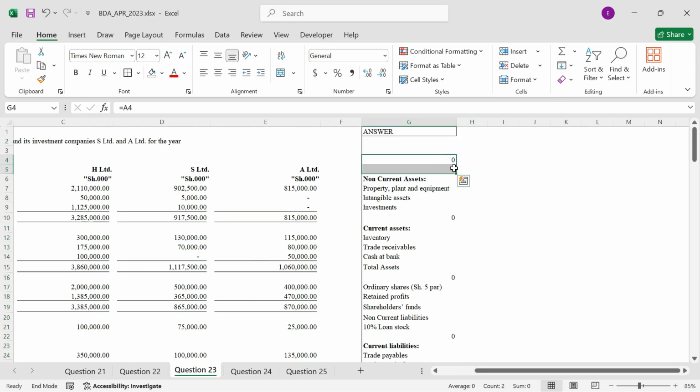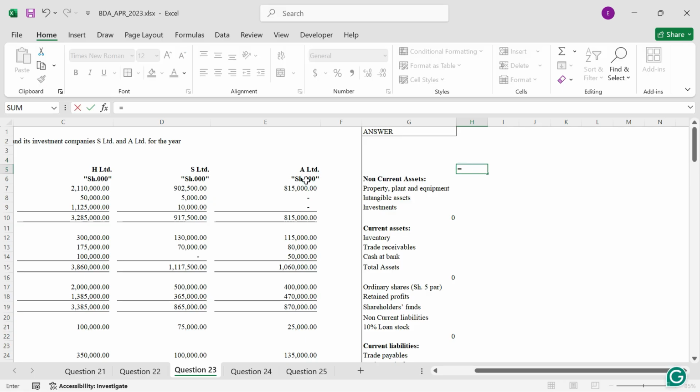This will still be in shilling thousands. This will be the full statement.